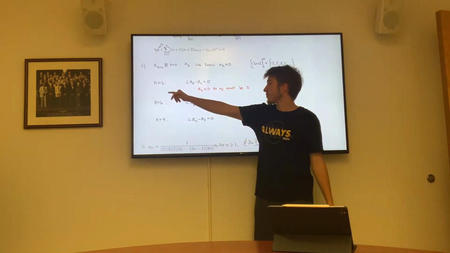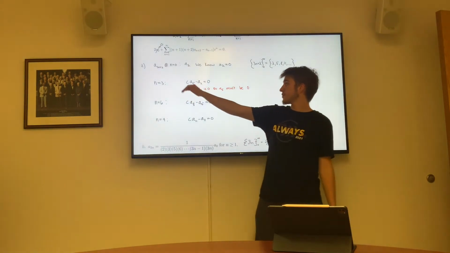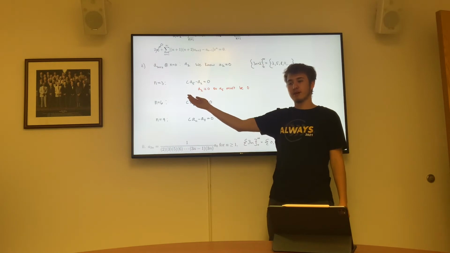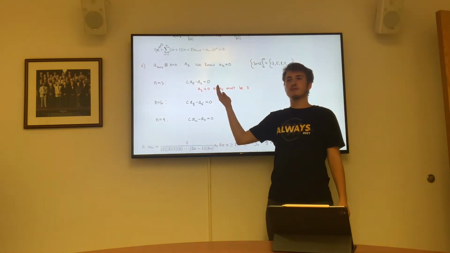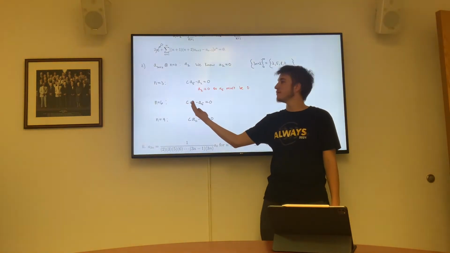So the first term we're going to have to look at is n equals 3. Plugging in n equals 3 gives us some positive constant times a5 is equal to a2. Thus, because a2 is equal to 0, we can infer that a5 is equal to 0.